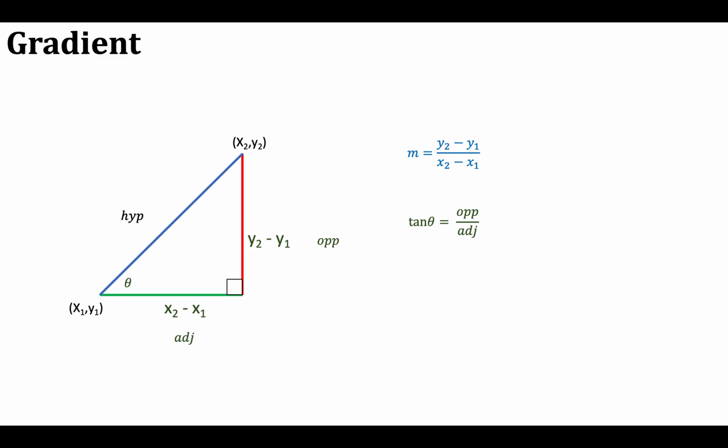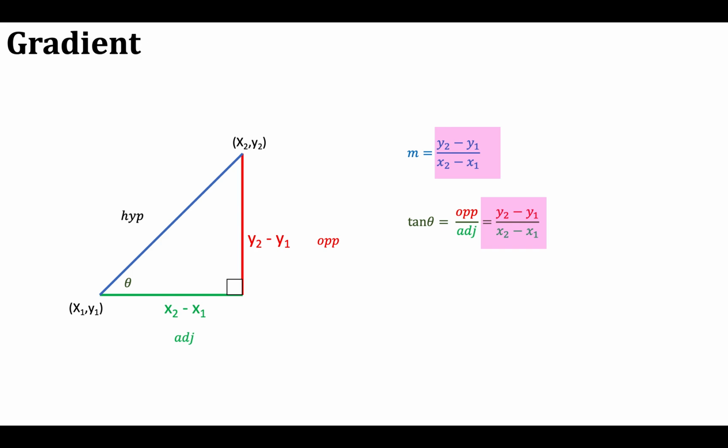So actually though, isn't the opposite y2 minus y1 and the adjacent x2 minus x1? And then doesn't that relate to our gradient formula up above? Because we can see that those are the same.